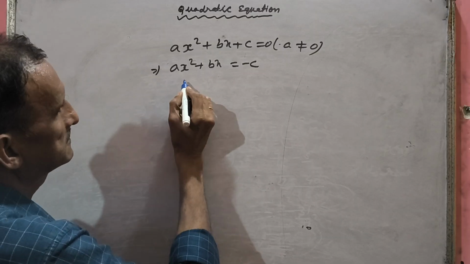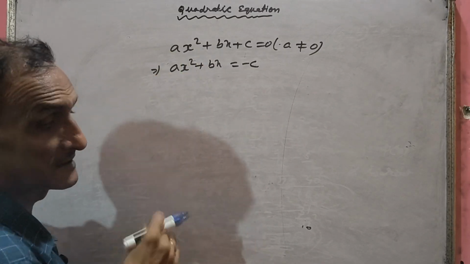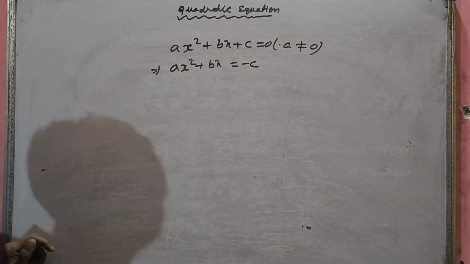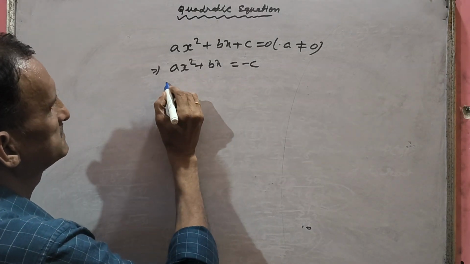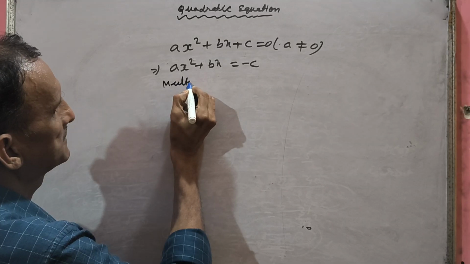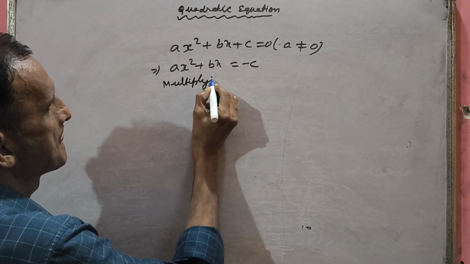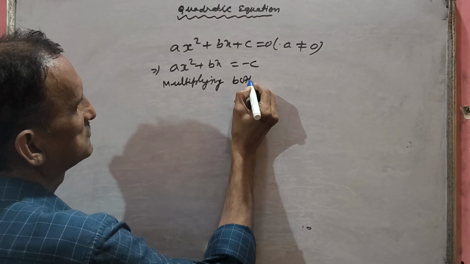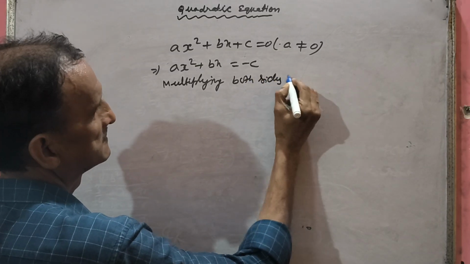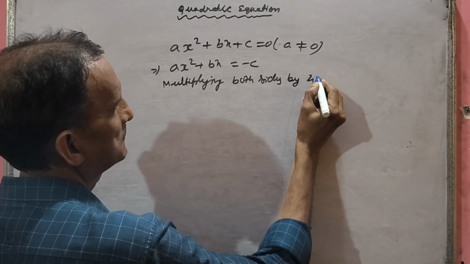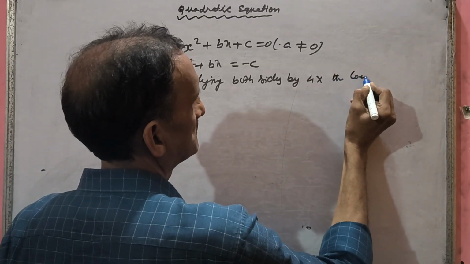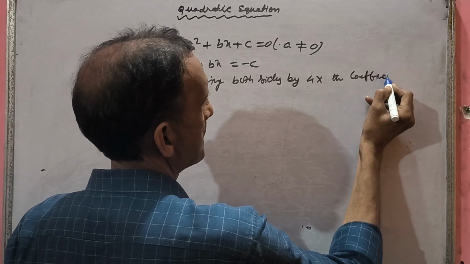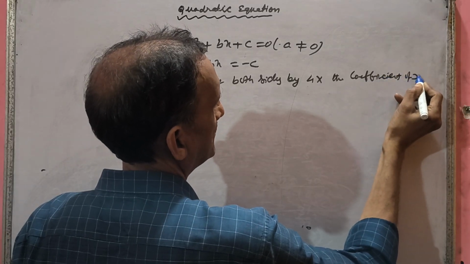See now, Sridhar Acharya, the Indian mathematician, he told us to multiply both sides by 4 into the coefficient of x square.